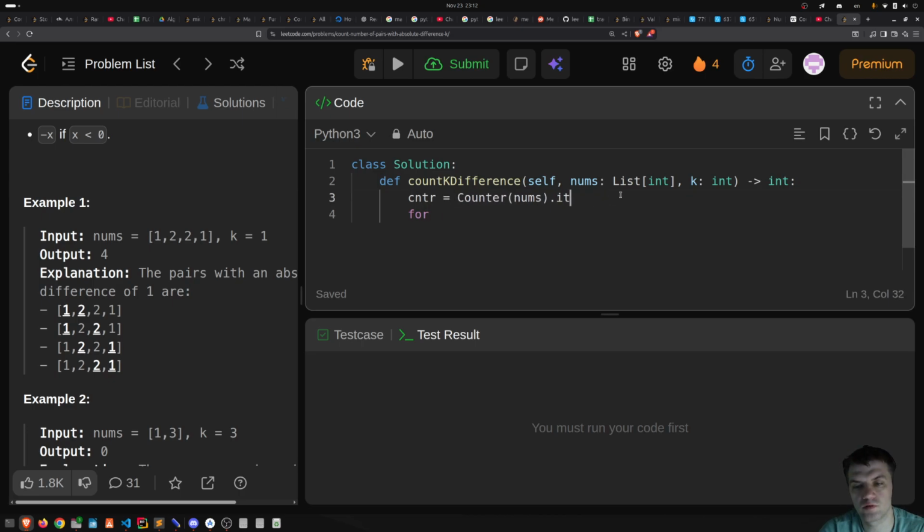So let's say I'll have that counter equals this one, and then I'm going to go for map, counter is already a map.